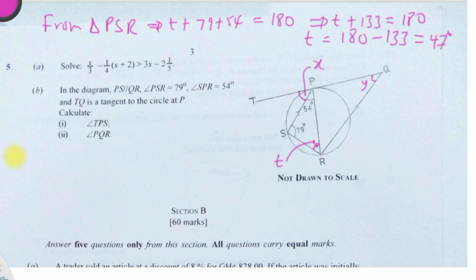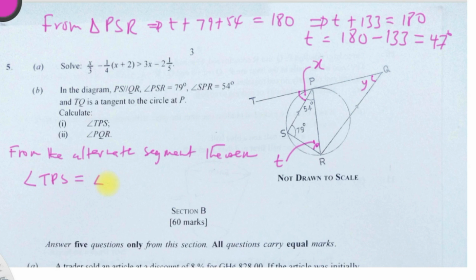So we can say that from the alternate segment theorem, angle TPS is equal to angle SRP, or angle PRS, which is equal to T, and it's equal to 47 degrees.